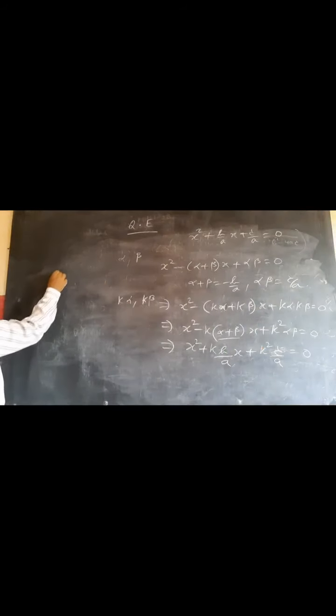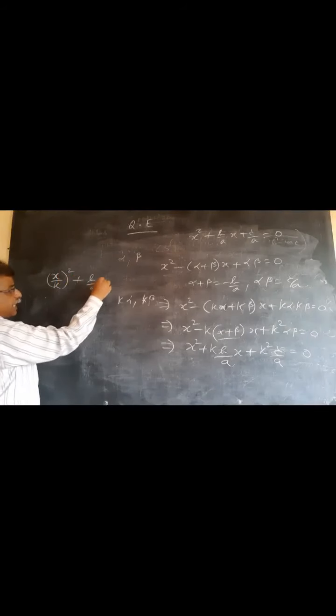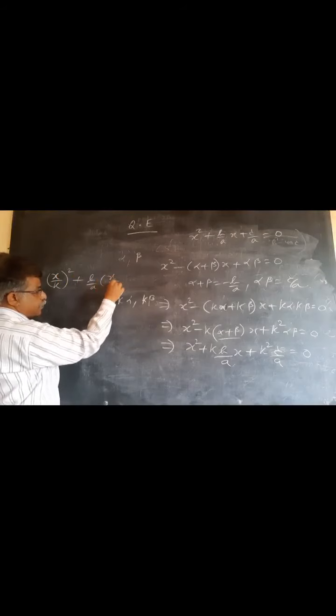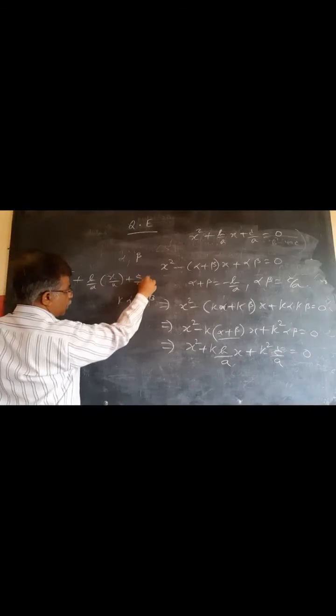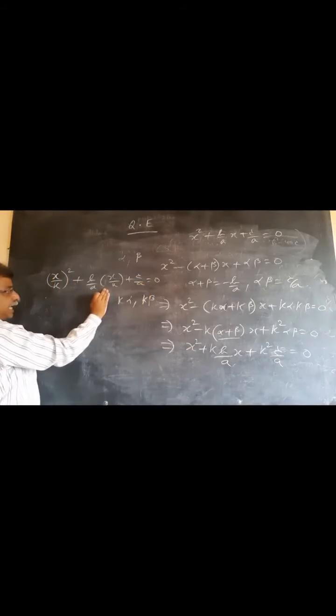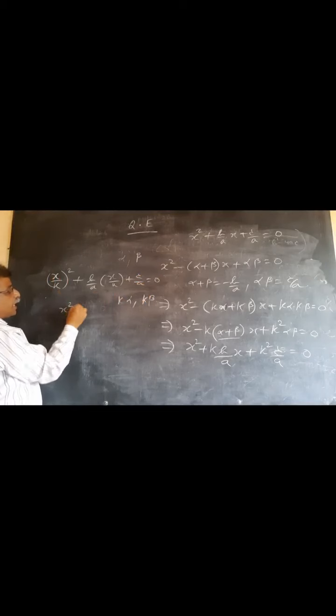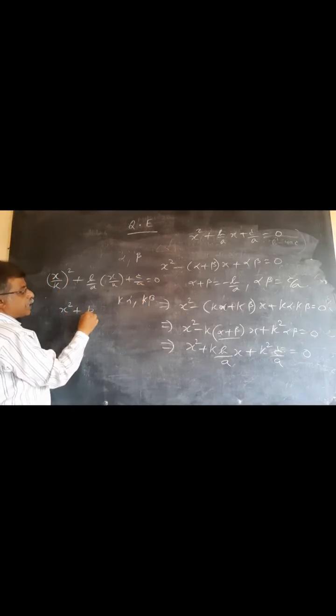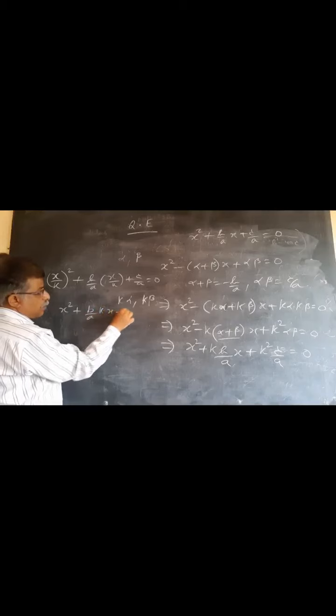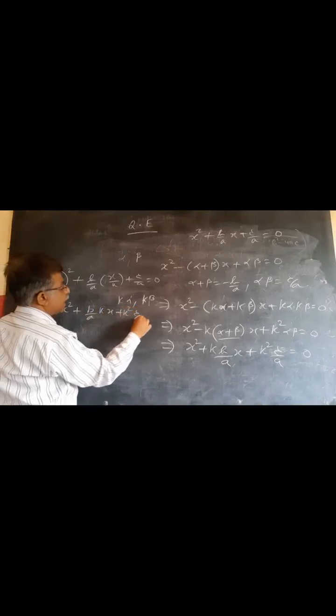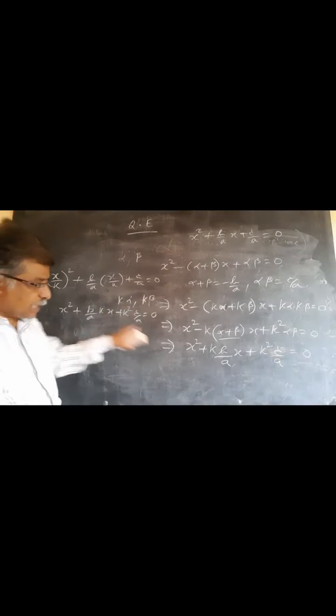So replacing x with x by k, what do I get? x by k whole square plus b by a into x by k plus c by a equal to 0. So k square is the LCM. If I simplify, x square plus b by a kx plus k square c by a equal to 0 only. If I take k square common, both are same.